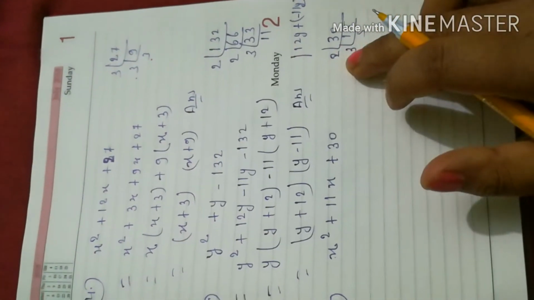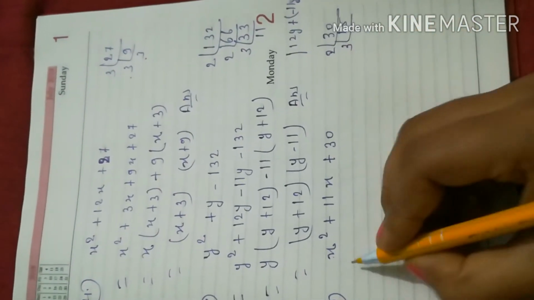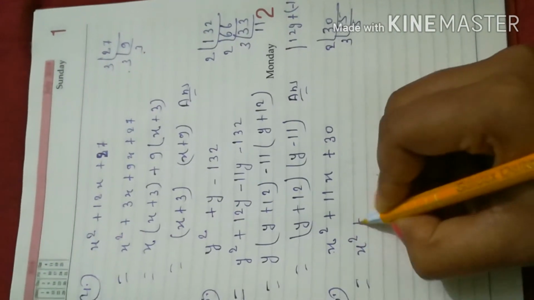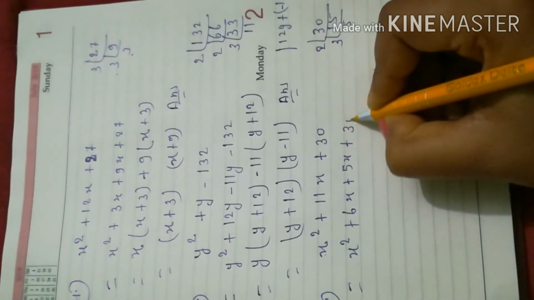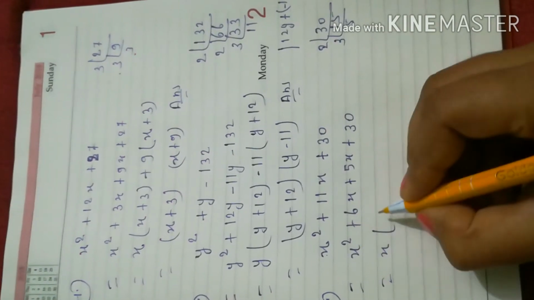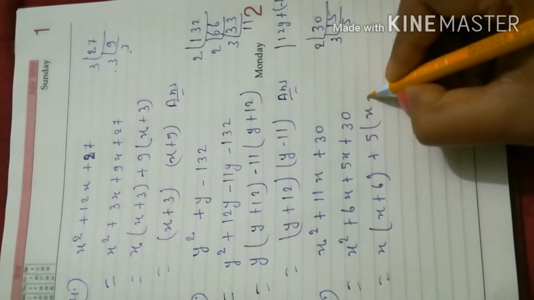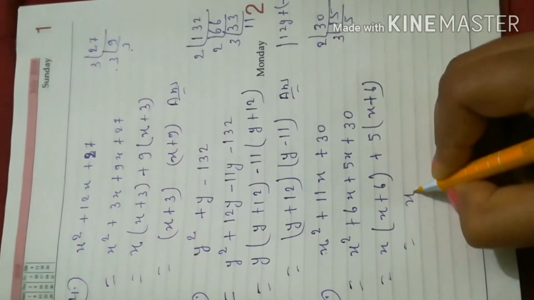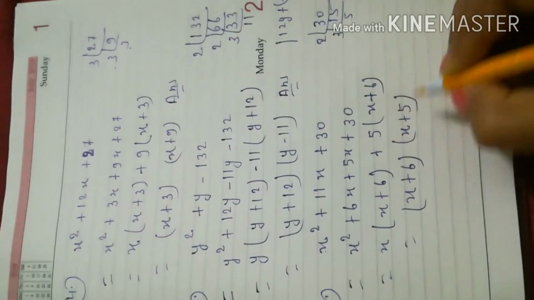Here you can see 3 2s are 6, 6 plus 5 is 11 and 6 5s are 30. x square plus 6x plus 5x plus 30. We will take x as common. x plus 6 plus 5 into (x plus 6). So we can write (x plus 6) into (x plus 5).